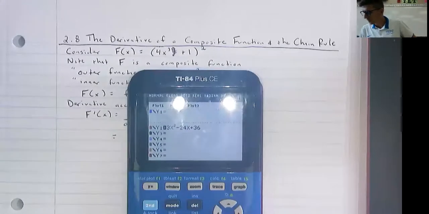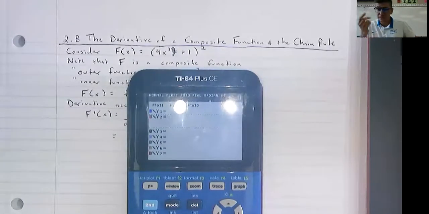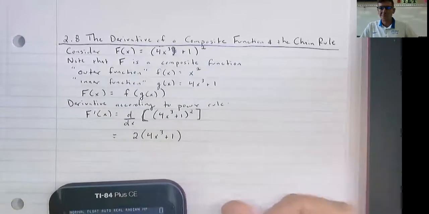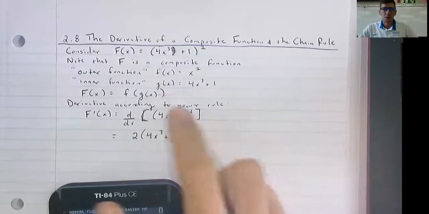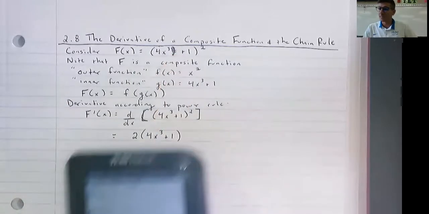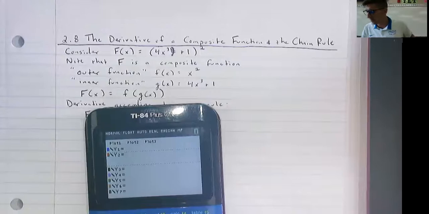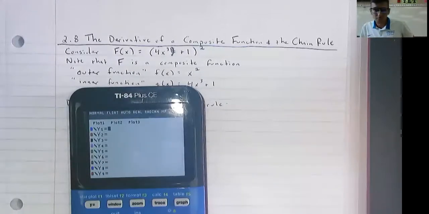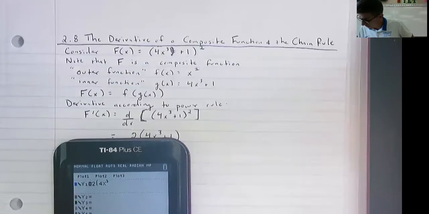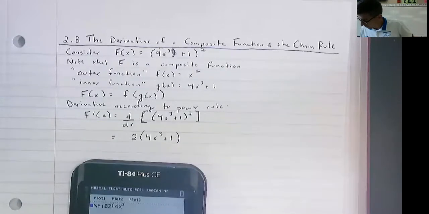So we're going to clear this out, and we're going to say, okay, let's see what this curve looks like, and then do the numerical derivative on this guy and see if it's the same. I'm kind of thinking it's not going to be, but who knows? Maybe I'm wrong. So first, let's see what 2 times (4x to the third plus 1) looks like.